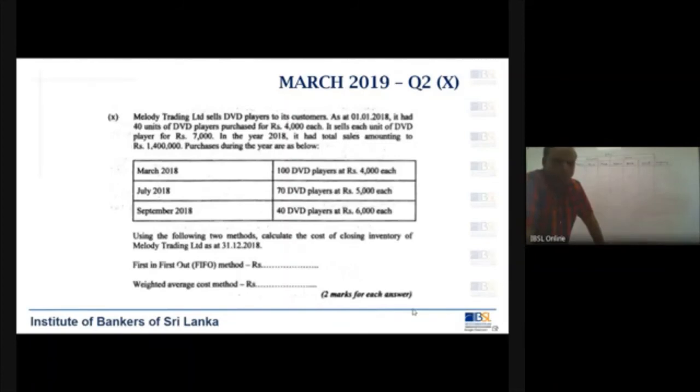This is given in the multiple choice part, so that is 2 marks. So for 2 marks you have to find out the closing value of inventory using FIFO as well as the weighted average method. Okay, so we'll stop there.